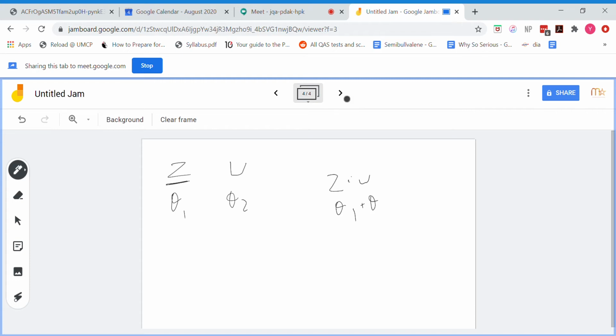This comes straight from the definition. z is equal to r1 times e to the power of i theta 1, and w is equal to r2 times e to the power of i theta 2. The product of these two is r1 r2 times e to the power of i times (theta 1 plus theta 2).